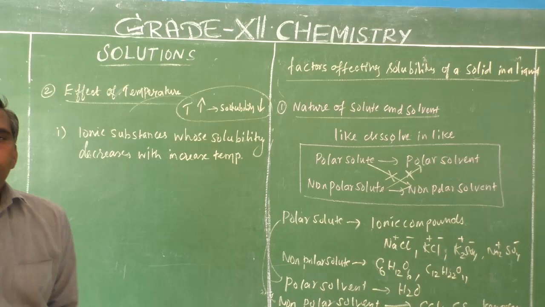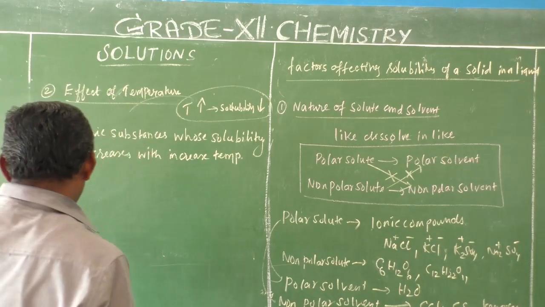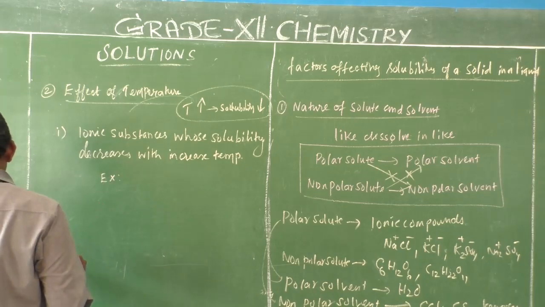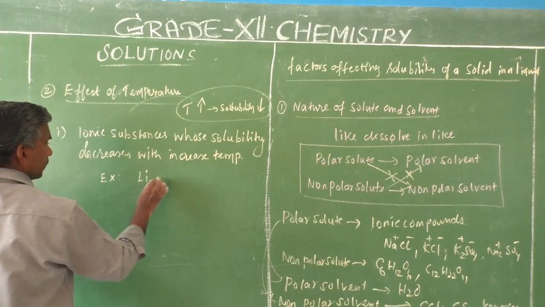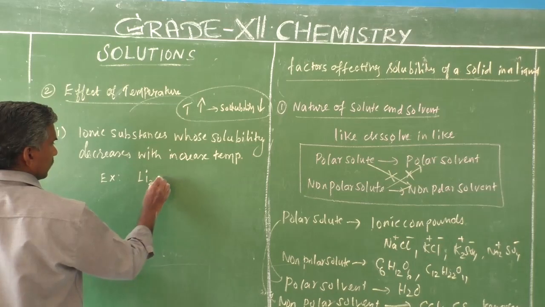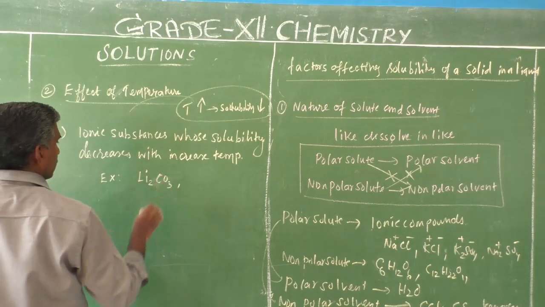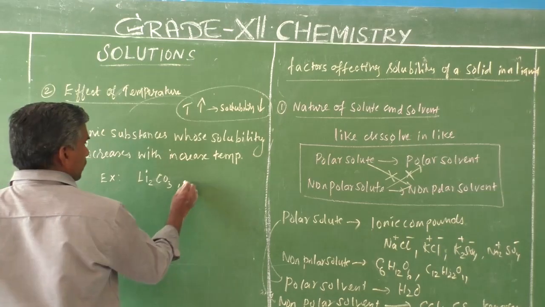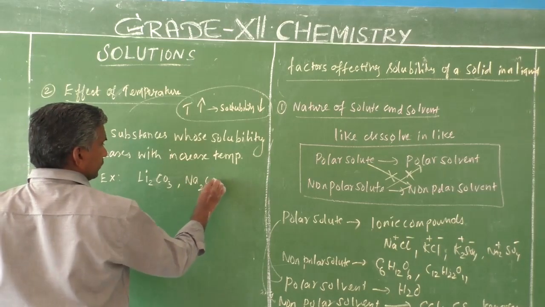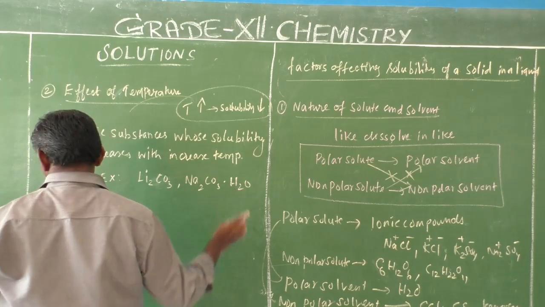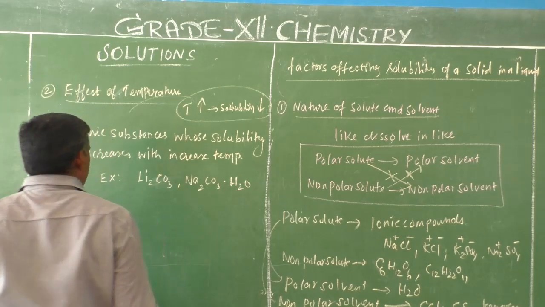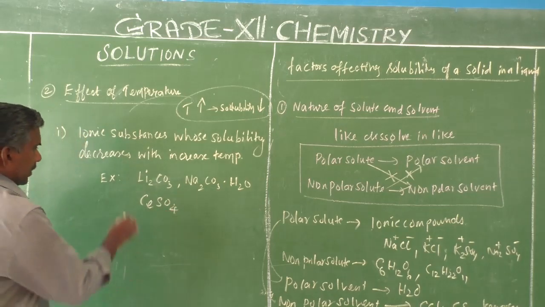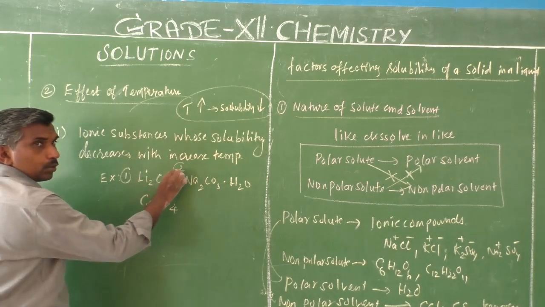Temperature increasing, solubility decreasing. Examples, some salts: lithium carbonate, sodium carbonate monohydrate, cerium sulfate. So these are salts 1, 2 and 3.